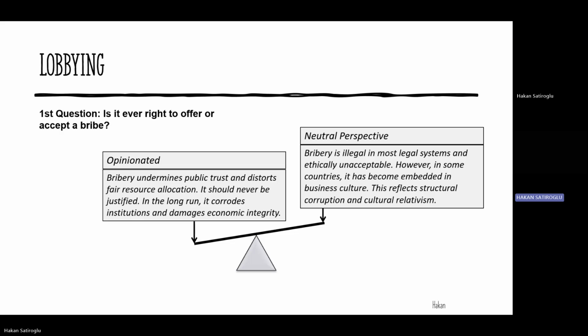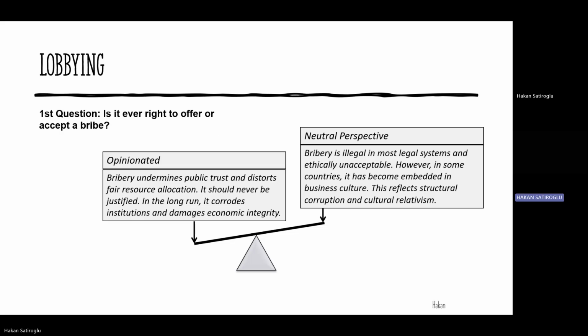The neutral perspective is that bribery is illegal in most legal systems and ethically unacceptable. However, in some countries it has become embedded in business culture, and this reflects structural corruption and cultural relativism.